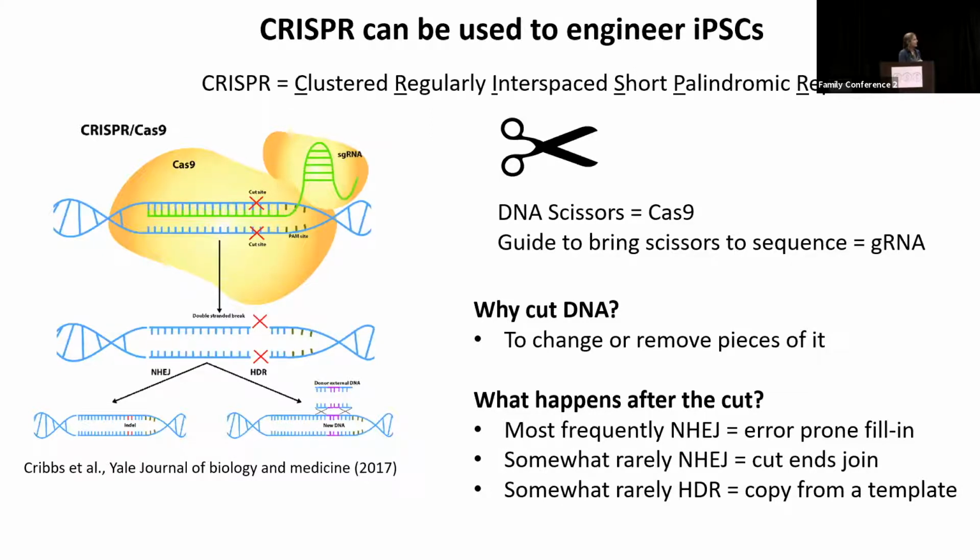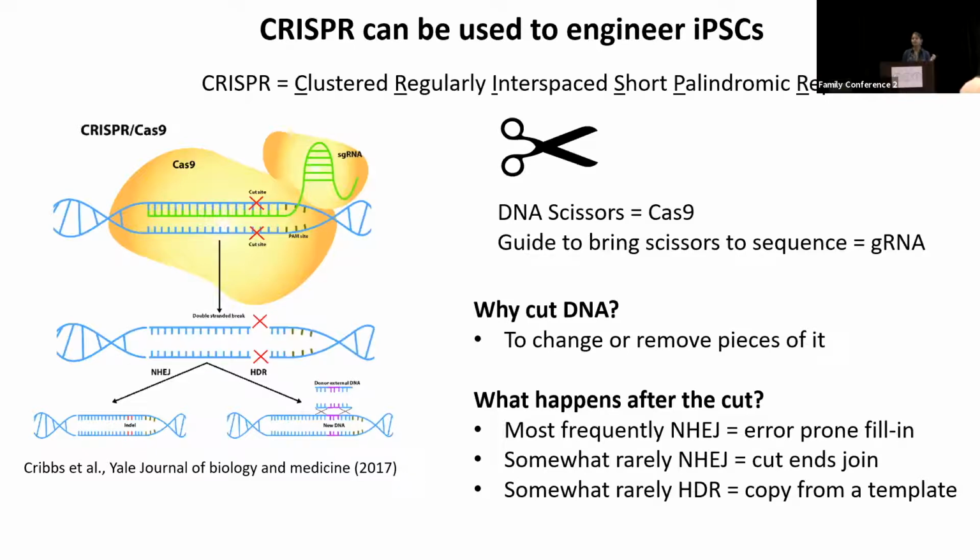It's comprised of 2 pieces. Cas9 is a protein that's shown here in yellow, and it cuts DNA on both strands. And then the other piece of it is a guide RNA, this green squiggle here, that directs the scissors to one specific DNA base pair in the genome. And so what happens is it makes this cut.